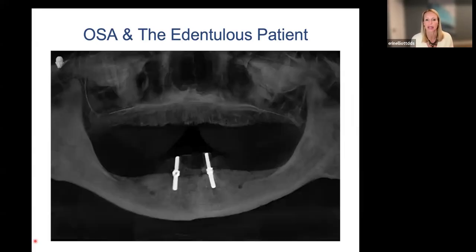And the nice part about that is it's all under one roof, but we were able to keep the cost down because she didn't have to buy new dentures, because she is on a limited income. We were able to do 2 implants for her and make it affordable.